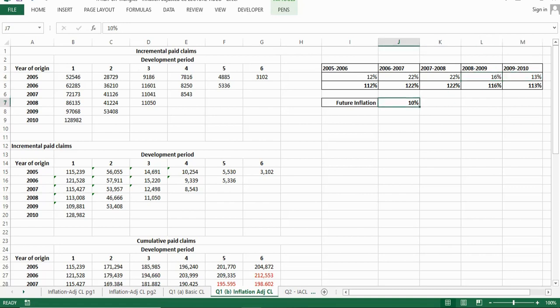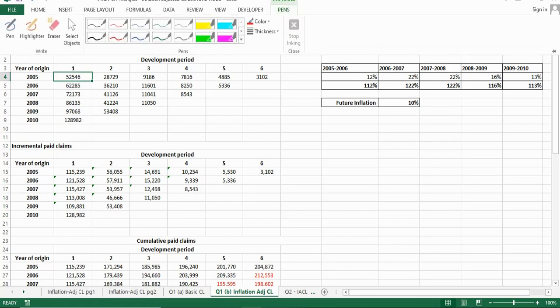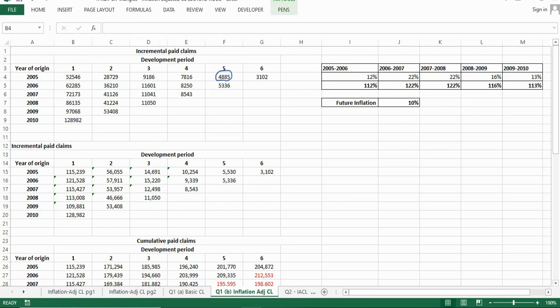Now you are provided also with the future inflation rate, which here is 10%. So over the years 2010 to 11, 11 to 12, etc., it will be 10%. So what we need to do here is that we need to uplift all these values to the year 2010. Okay, so for example, this value is a value which corresponds to 2009. This is 2010.